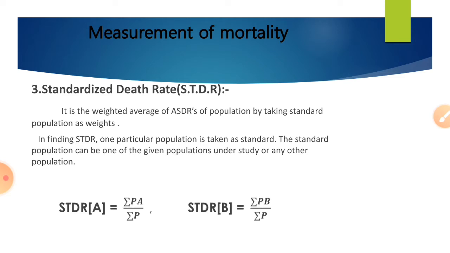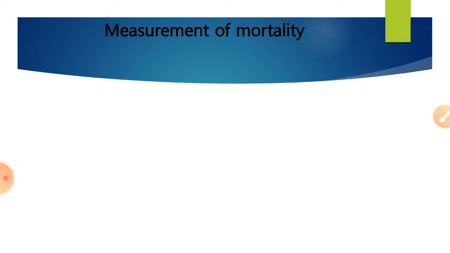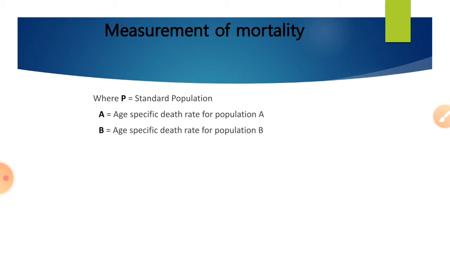So to find out the standardized death rate, the formula of STDR of town A is summation PA divided by summation P, and when you are finding the standardized death rate of town B, the formula is summation PB divided by summation P, where P stands for standard population, A is the age specific death rate for population A, and B stands for age specific death rate for population B. A population which has minimum STDR is a healthy population.